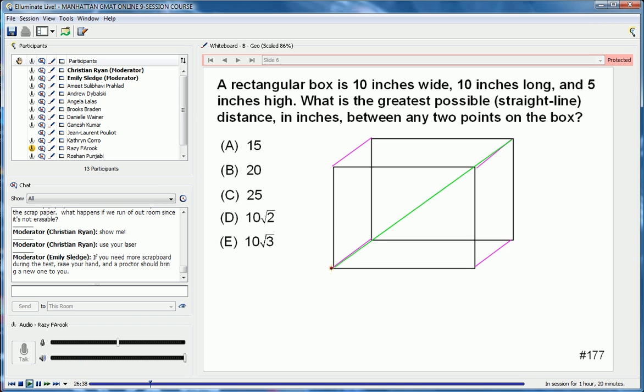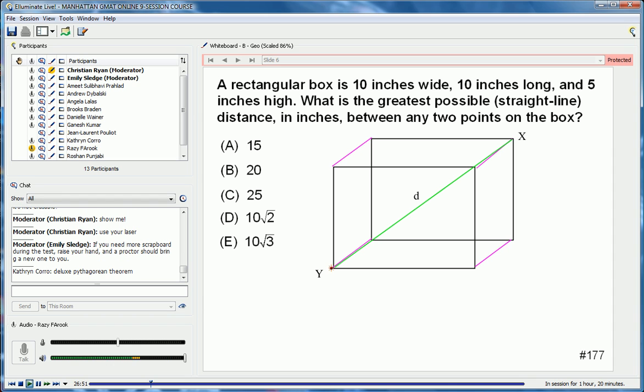Is it something Pythagoras, but there's an addition to it, and that just states that if we call that line d, we just say d squared is equal to the length squared plus the width squared plus the height squared. So d squared equals 10 squared plus 10 squared plus 5 squared.